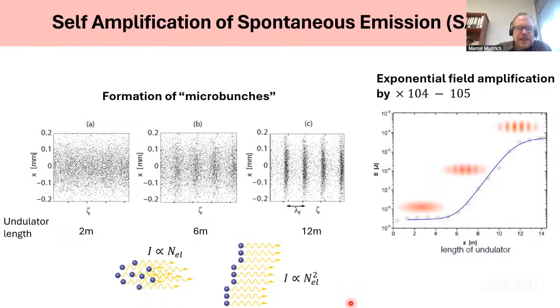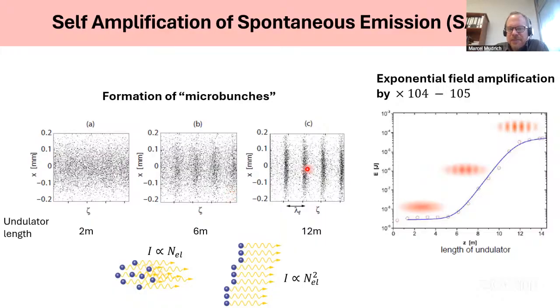Yeah, and the fact that the electrons initially emit light in a completely uncorrelated, phase-uncorrelated fashion means that the intensity scales just proportional to the number of electrons, because every electron emits by itself, and the intensities add up incoherently.